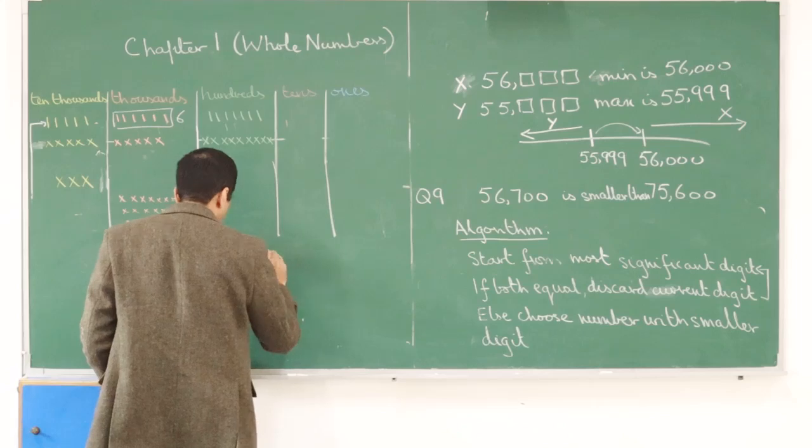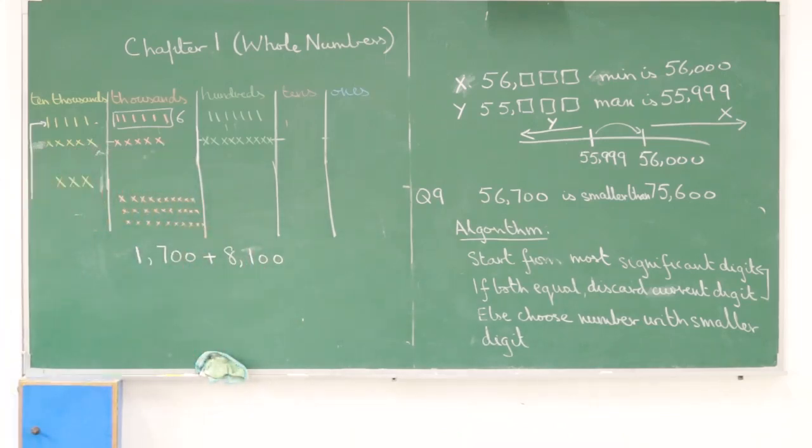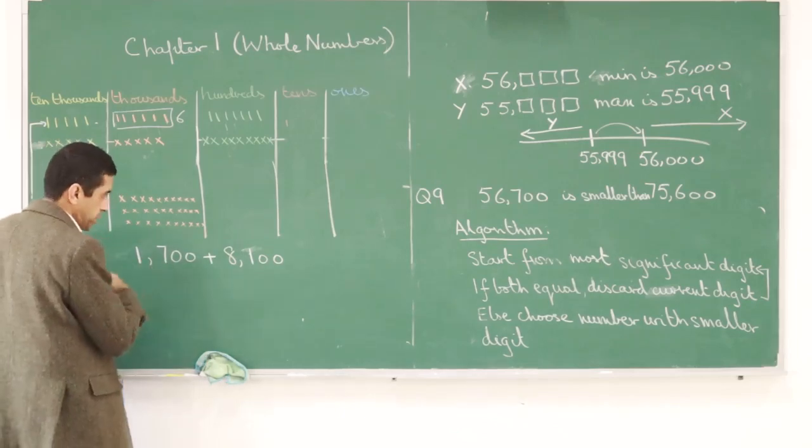Okay, how do you want to think about it? You could just add. How do we add? 9,800. Yes, this is easy because you can just add.